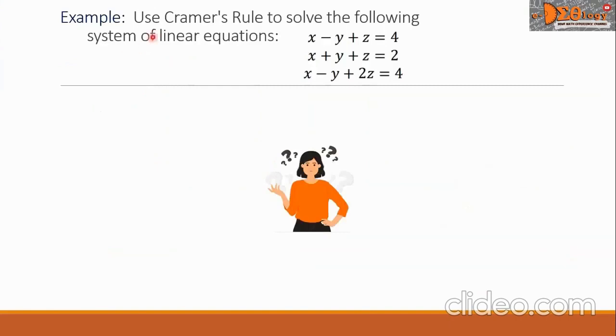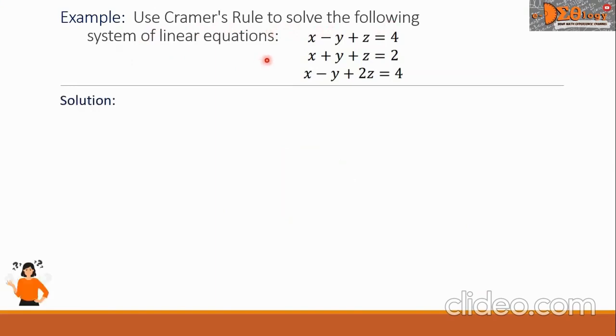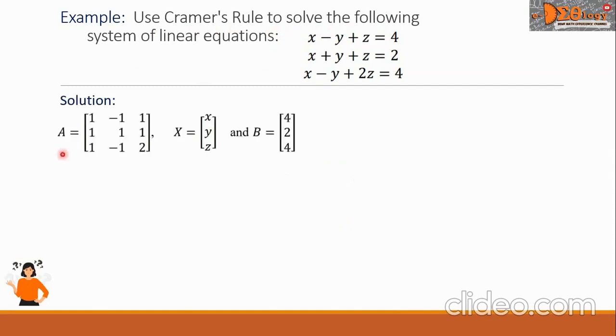Let's see this example. Use Cramer's rule to solve the following system of linear equations. Our first step is to collect the corresponding matrices. Matrix A will be the coefficients of the variables.